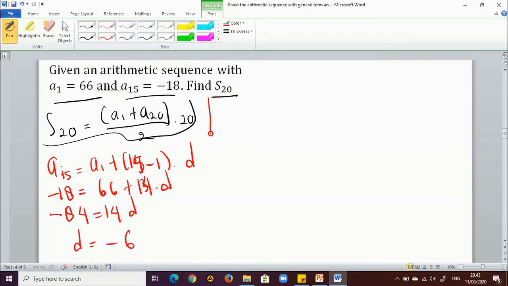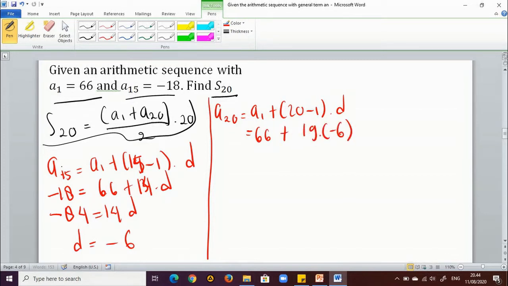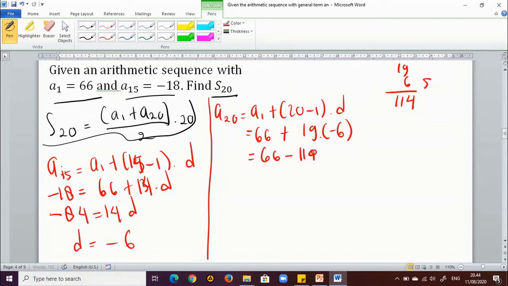From here, we can continue to find the 20th term, which is equal to the first term plus 20 minus 1 times the difference. The first term is 66 plus 19 times minus 6, right? Let me calculate first: 19 times 6 is 114. So this is equal to 66 minus 114, which is equal to minus 48.